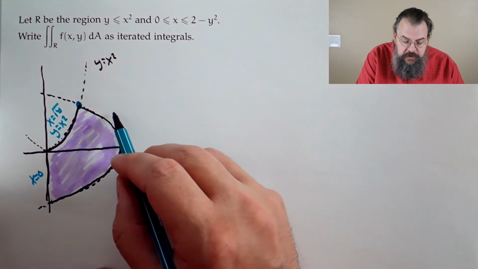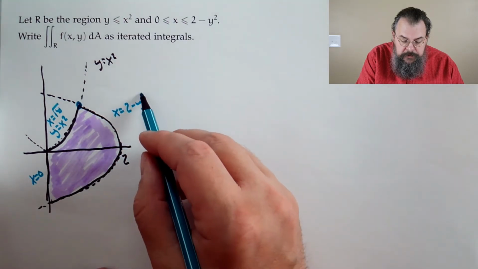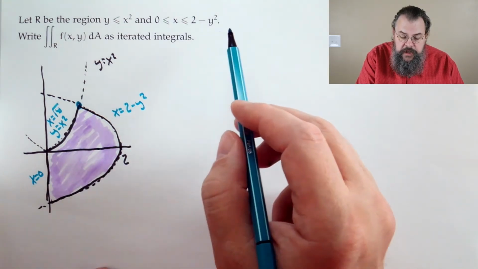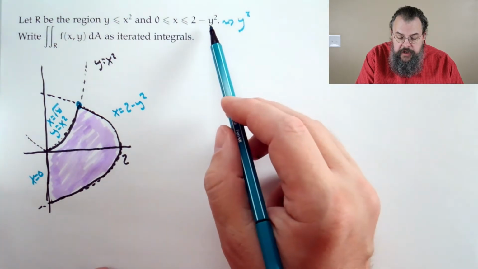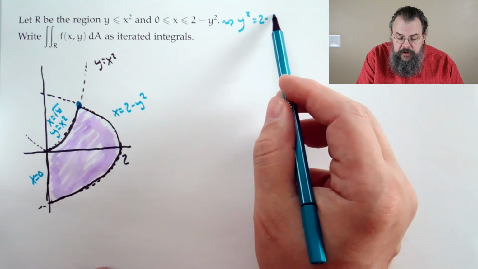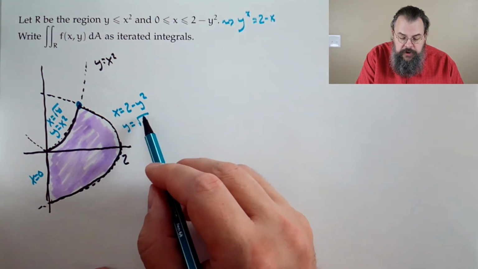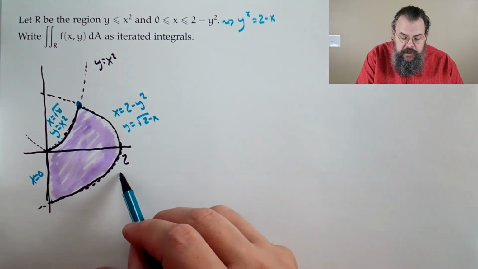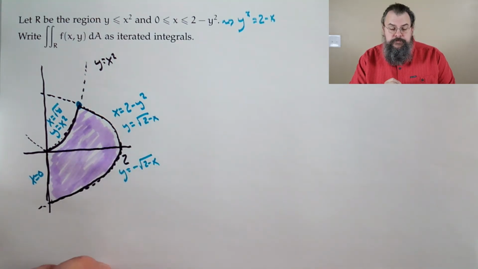Let's finish labeling things. So here we have x equals 2 minus y squared. Now, note that you could have said, oh, this is y squared equals 2 minus x. So we could have also written this as y equals the square root of 2 minus x for the top part, and y equals minus square root of 2 minus x for the bottom part.